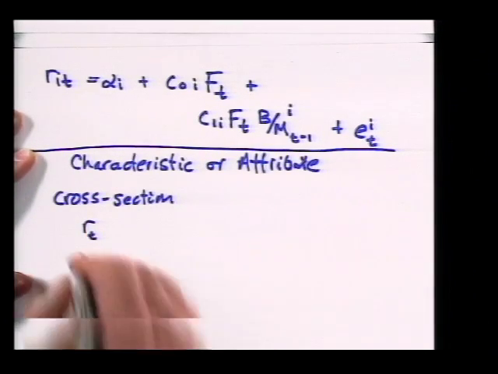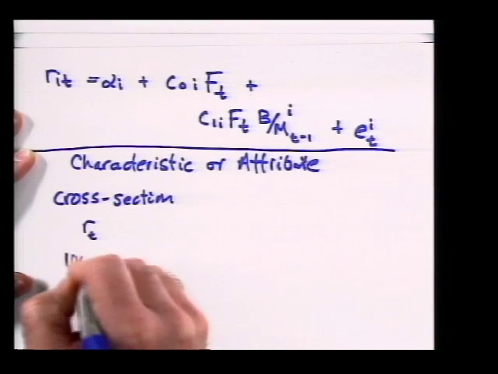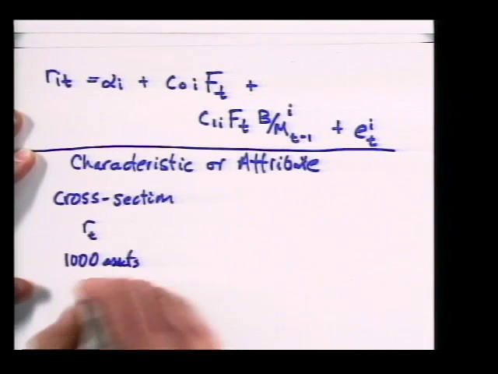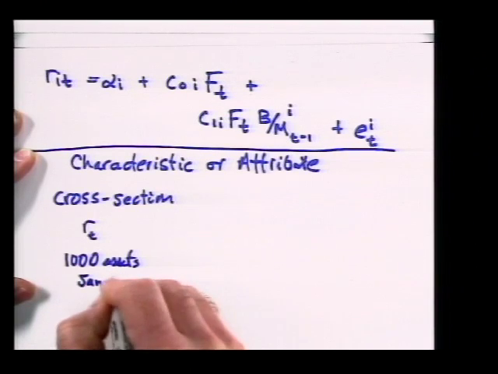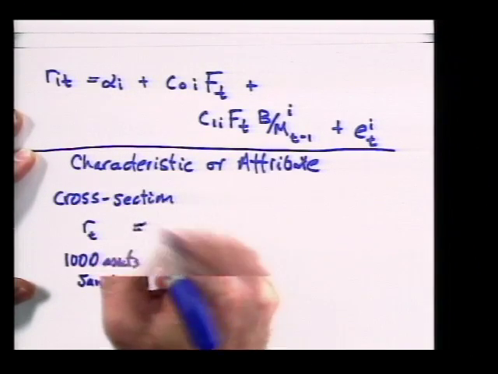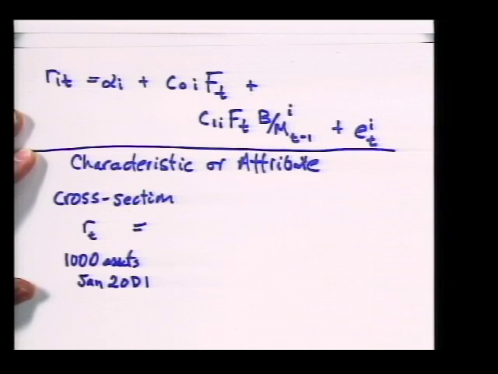Okay, so this could be the returns on 1,000 assets in January 2001. And we're going to regress on attributes that are available the month before.